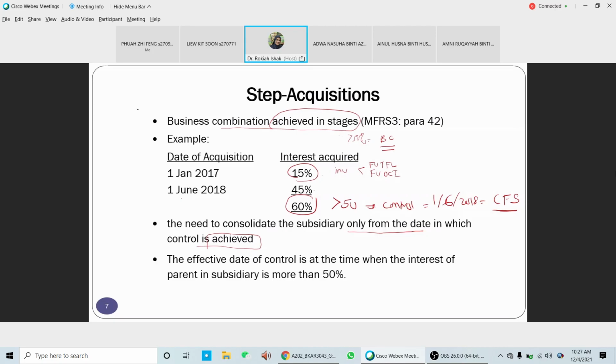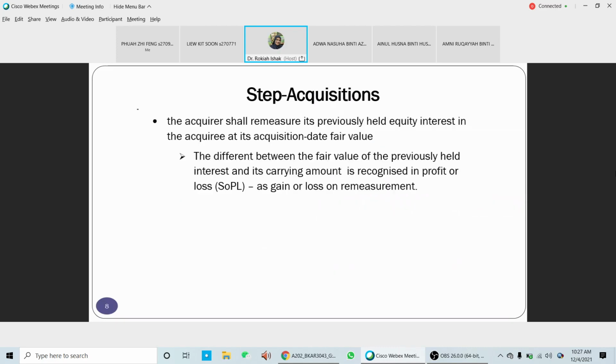The effective date of control is the time when the interest of the parent in the subsidiary is more than 50%. The acquirer shall remeasure.